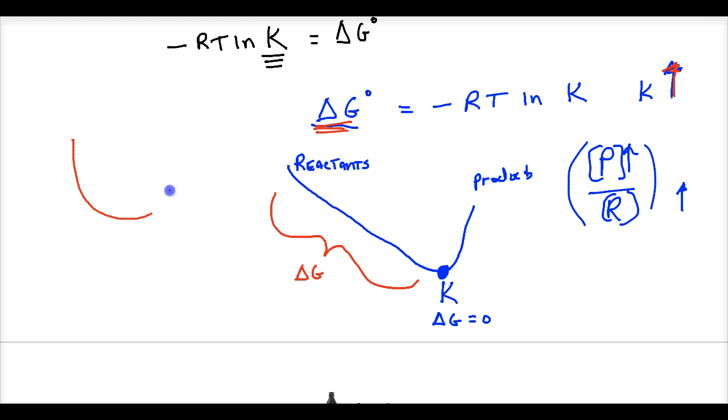If I had a drawing like this, K is equal to 1, an equal number of products. My K is swung over to the right. It's a large K. That means there's a lot of products, A plus B going to C plus D, and at equilibrium these products are favored.